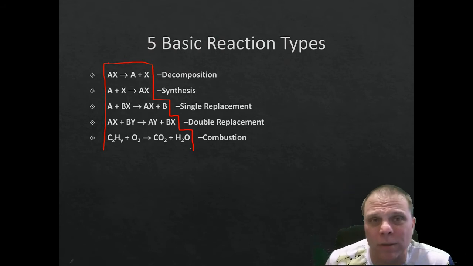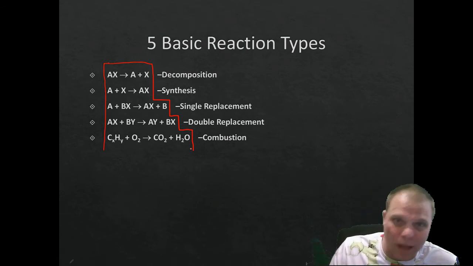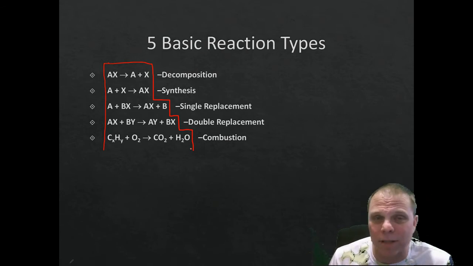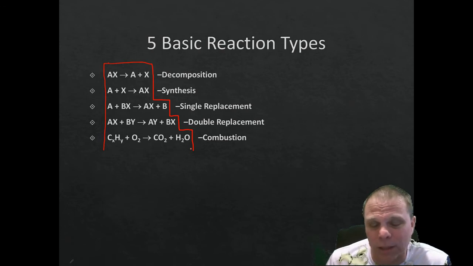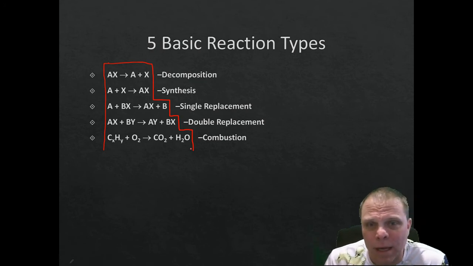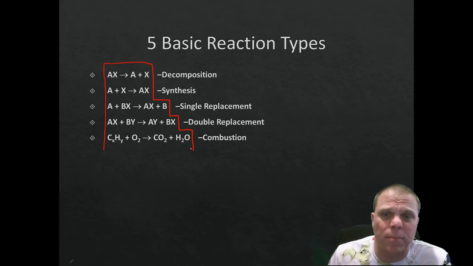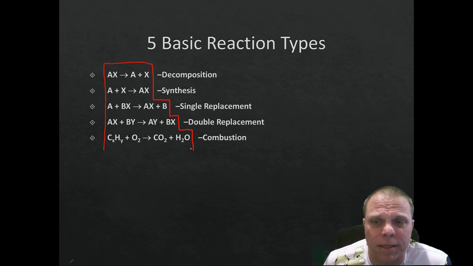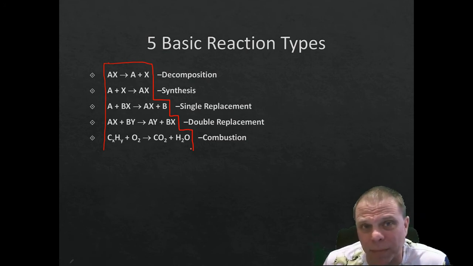We're trying to point out that if this is an element or variable A, whatever element that is, it's going to have this kind of pattern that you want to be able to recognize. So learn how to recognize patterns from actual elements that will fit this form. So the first type is decomposition, then synthesis, single replacement, double replacement, and combustion.